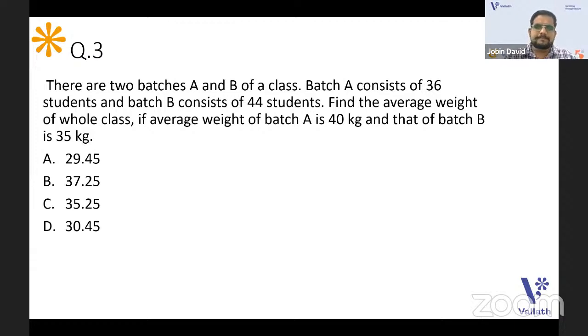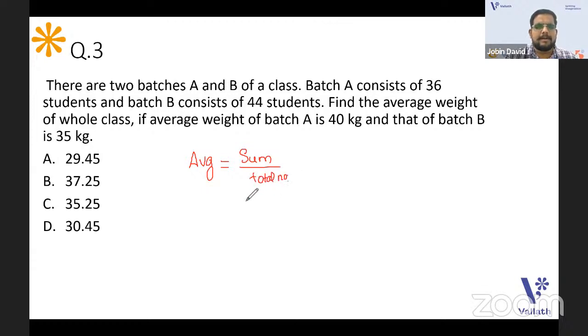Simple one. Whenever you have a question on average, think that you have the formula of average as the total sum by the number of observations. Average is sum by the total number.